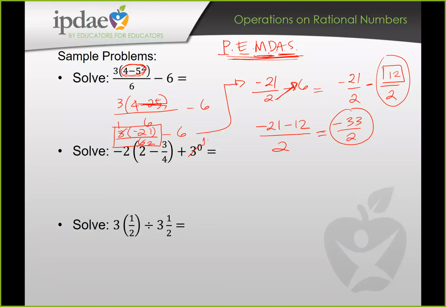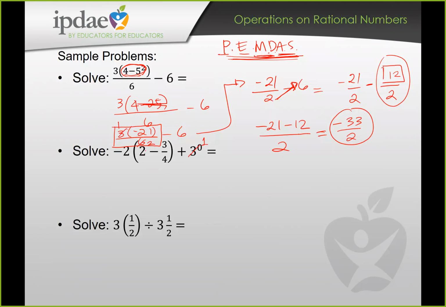They can do that automatically as long as it's not embedded within another operation. In this case, the 3 to the 0 is all by itself. It's not within the parentheses. So I would immediately tell the students, just eliminate that number with an exponent of 0 and substitute it by 1.